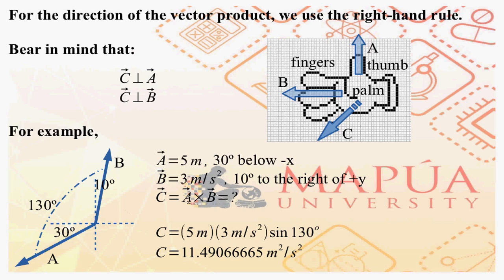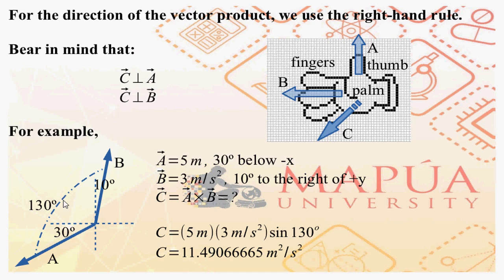Vector A, 5 meters, 30 degrees below negative x. Vector B, 3 meters per second squared, 10 degrees to the right of positive y. Draw the two vectors, connected tail to tail. You'll be able to get the angle between A and B. So 30 degrees plus 90 plus 10, theta will be equal to 130 degrees.